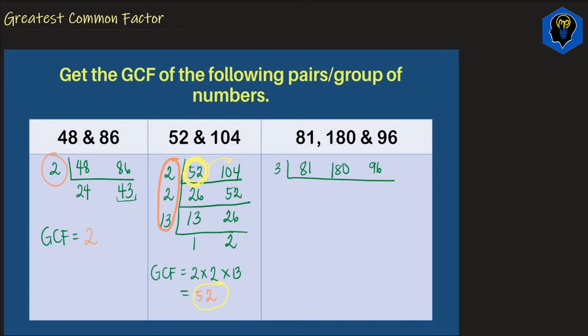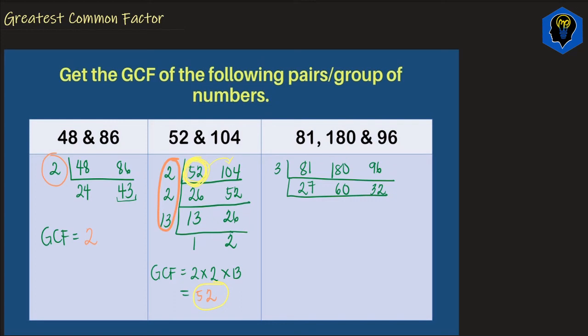So when you divide by 3, 81 divided by 3 is 27. 180 divided by 3 is 60. And 96 divided by 3 is what? It's 32. And then, you could see that they are all divisible by what?